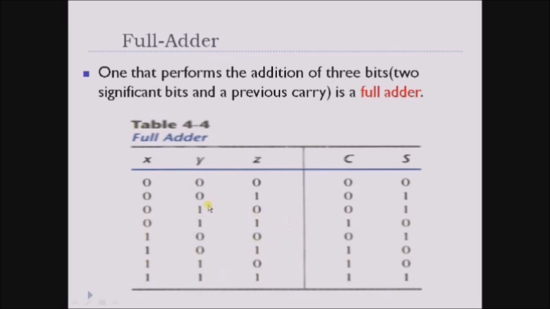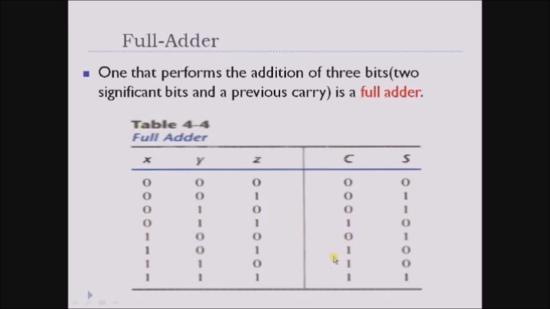Okay, and here you can see this combination 0 1 1, carry is 1 and sum is 0, and for 1 0 0 carry is 0, sum is 1, and for 1 0 1 carry is 1 and sum is 0, and then for 1 1 0 carry is 1, sum is 0, and for 1 1 1 carry is 1 as well as sum is 1.